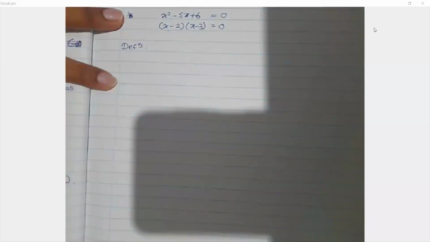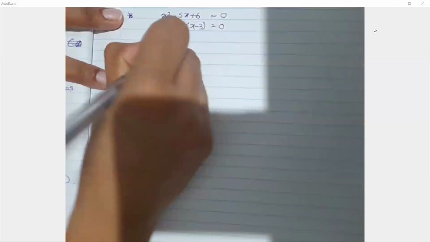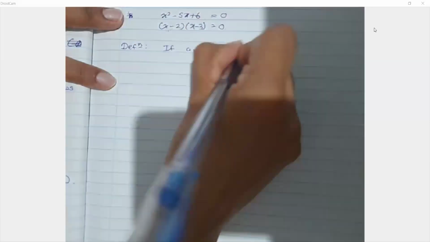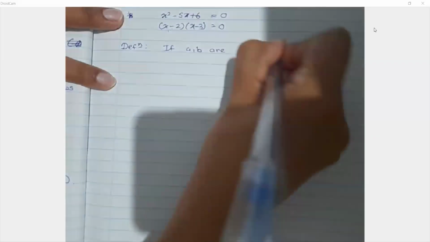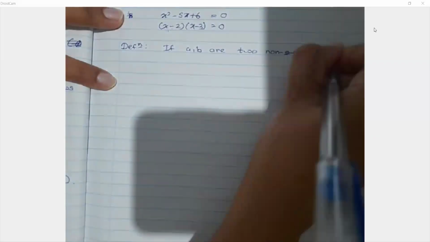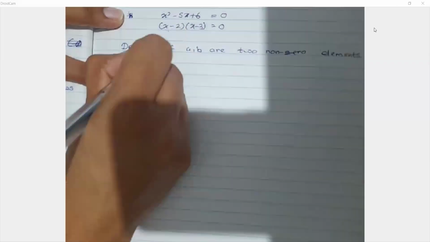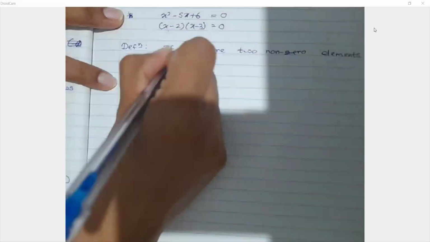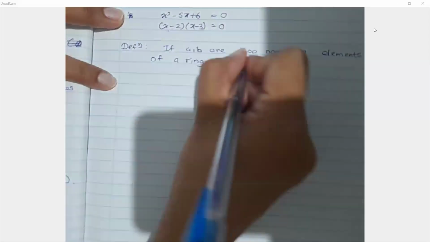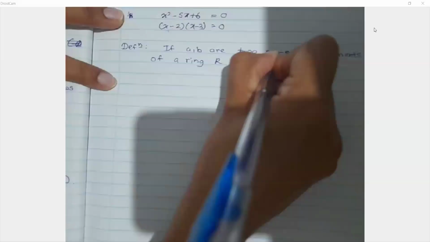If we have a ring R, and A and B are two non-zero elements of this ring R such that their product gives you a zero.